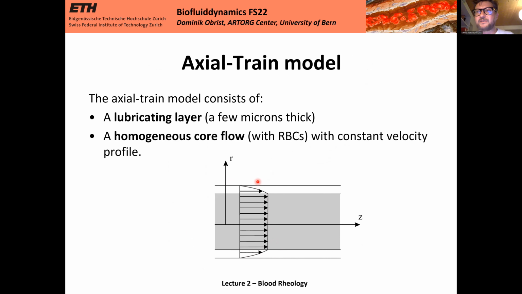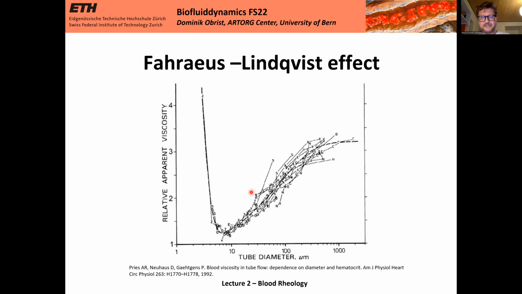We know it has a lower viscosity. So we can think of this layer as a lubricating layer, which is lubricating the flow of red blood cells. Hence, the more we have of this axial concentration, the lower the apparent viscosity is. And that's exactly the effect that we see here. Now we have more axial concentration in smaller vessels.